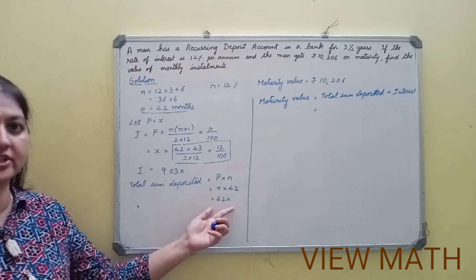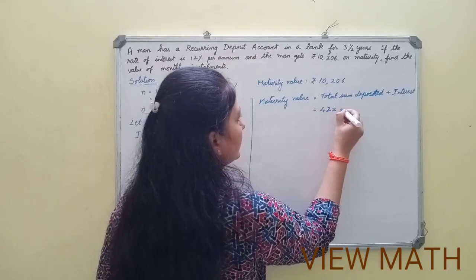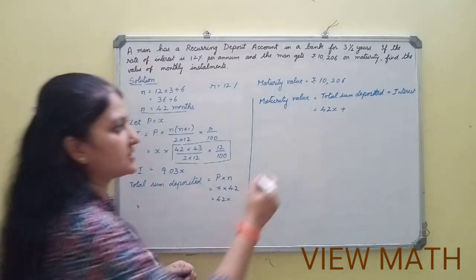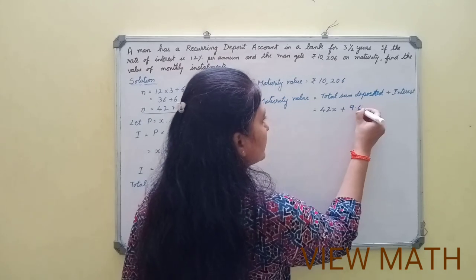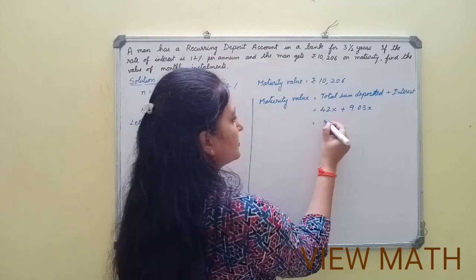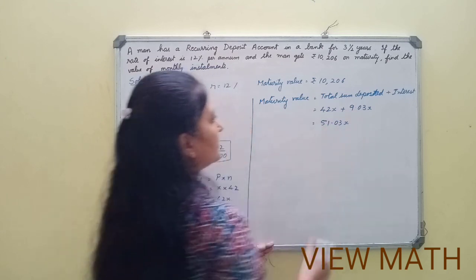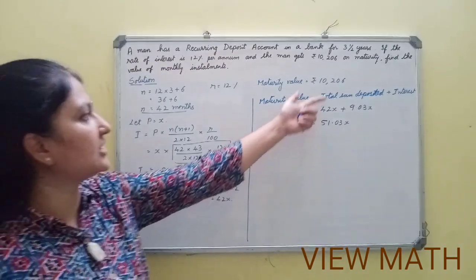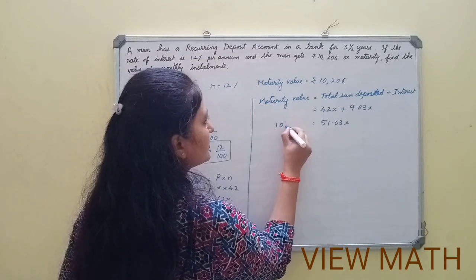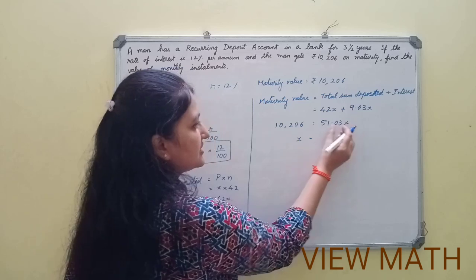Total sum deposited is 42 X plus interest is 9.03 X. So if I add, I will be getting 42 plus 9.03, 51.03 X. This is the maturity value. So let me equate the maturity value which is given in the question. It is 10,206.